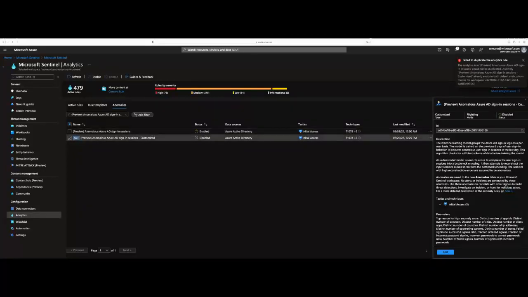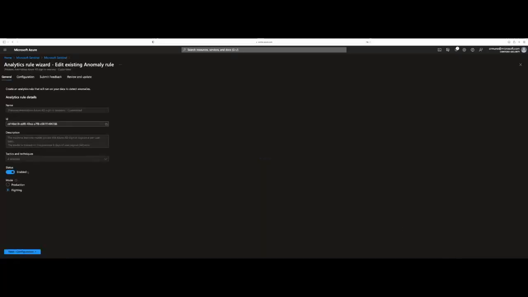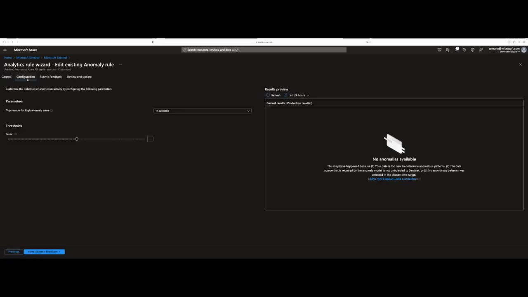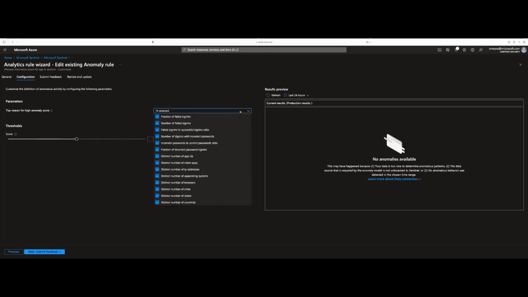So what I do here is that I click on edit. At the end of the day, it's a similar UI, the analytic rule wizard, but for an anomaly. Under mode, we have production, and then we have flighting. Under configuration, this is where I am able to customize the definition of this anomalous activity by configuring these parameters that you see here.